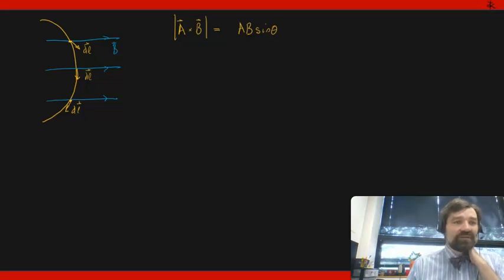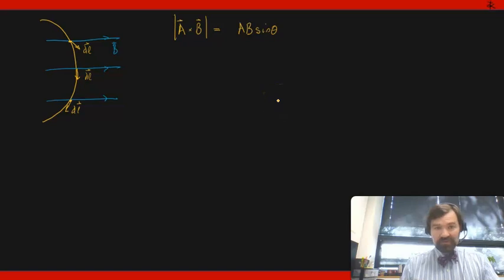Basically the way that you do that is, first you recognize that B and dL are always in the same plane. And so the vector that's perpendicular to the two is always going to be in the same direction.